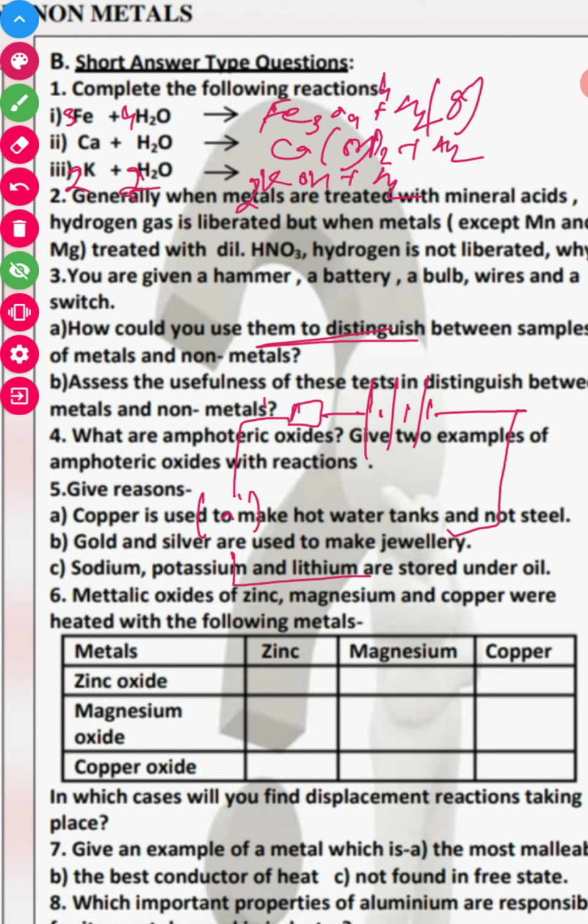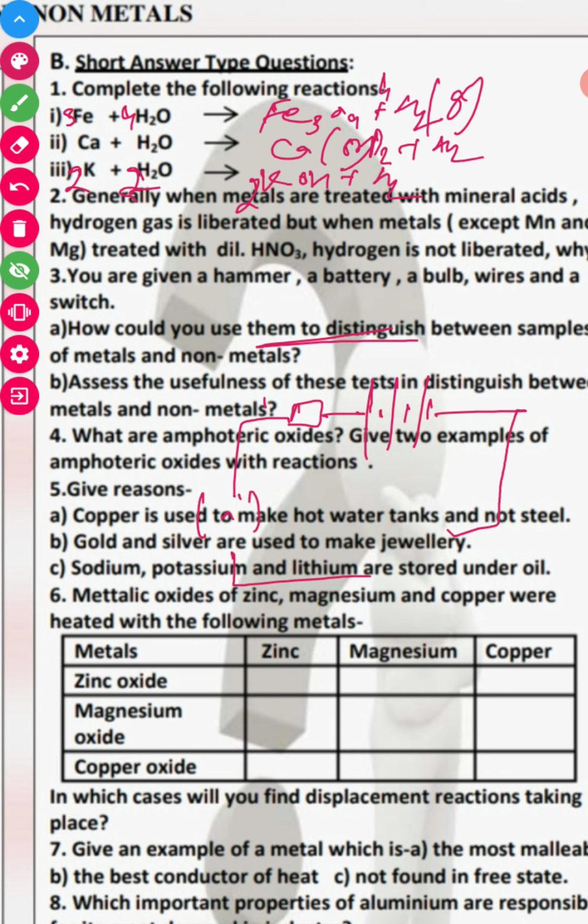If this bulb starts glowing, then this is a metal. If it does not, then it is a non-metal, right? You have to make this arrangement like this.